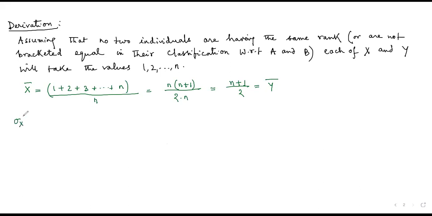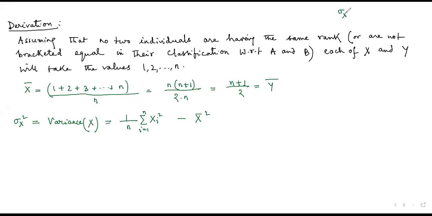Next, what is required to calculate the correlation coefficient is sigma X squared, which is the variance of the random variable capital X, or variance of rank X. This is given by the formula 1 by n summation i goes from 1 to n of xi squared minus x bar squared.